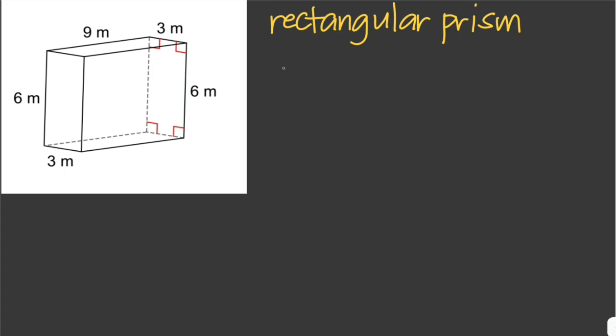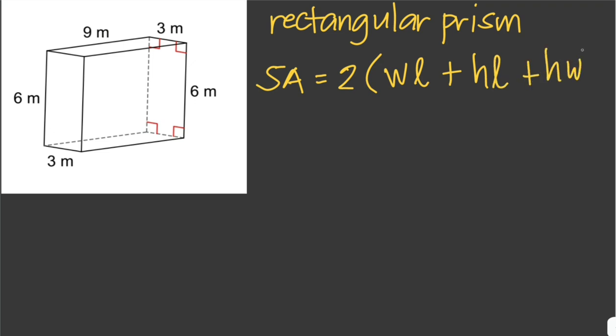Or we can simply multiply by 2 the product of each of the dimensions. So that would be 2 times the width times length plus height times length plus height times width.